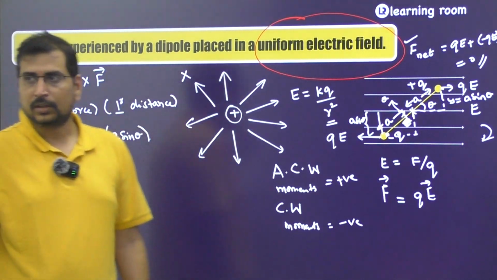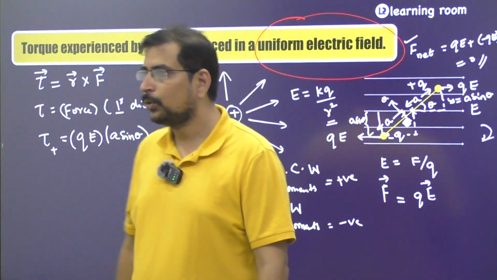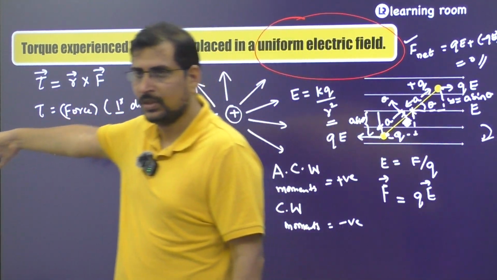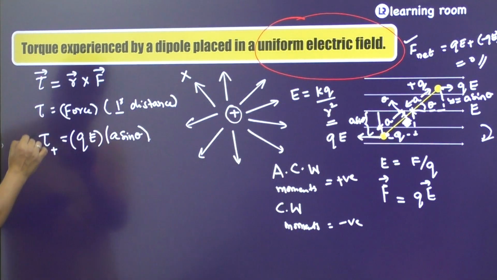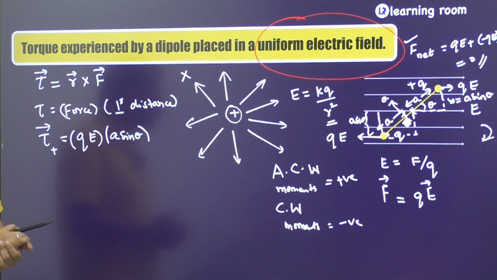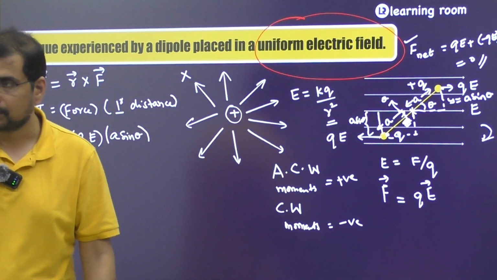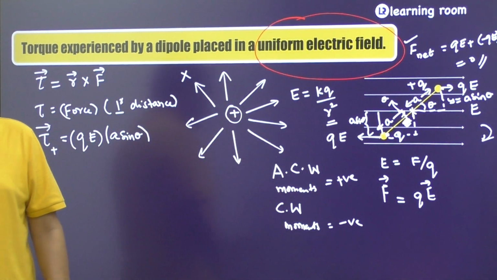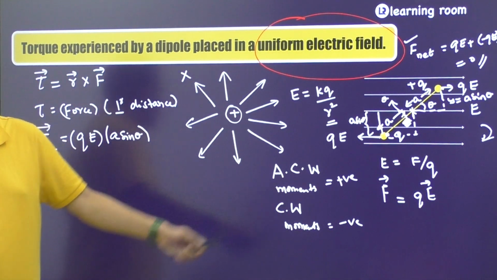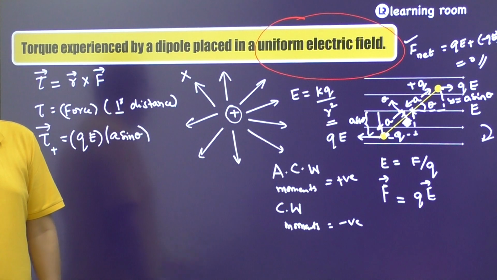Now torque is a vector quantity. I told you, whenever you deal with vectors, first write down the scalar, then we'll break our head for the direction. So if I put an arrow mark on top of it, I need to assign a direction to it. Now tell me, QE is making the system revolve in which direction? Clockwise. What did I say clockwise is? Clockwise is negative. It is away from you.